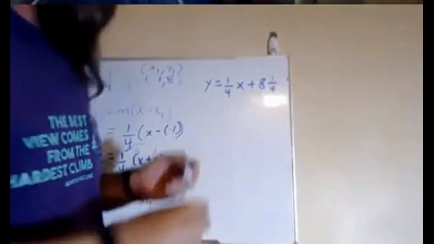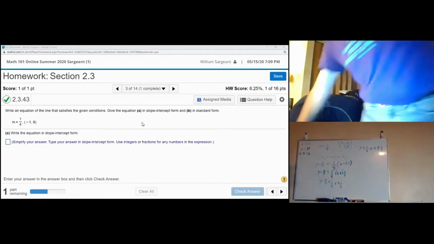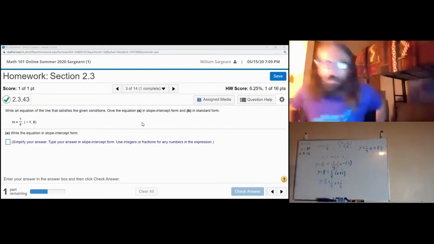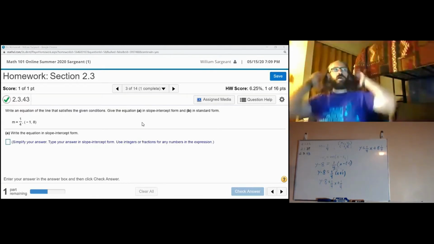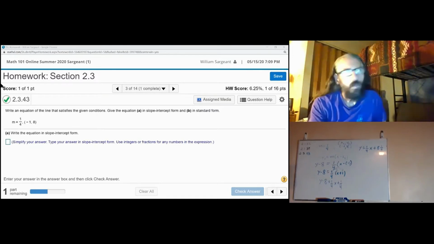So here also is where I've seen people have some difficulties using Pearson, using the MyLab math. They want to do things like make 1/4 equal to 0.25 and 8 1/4 equal to 8.25.